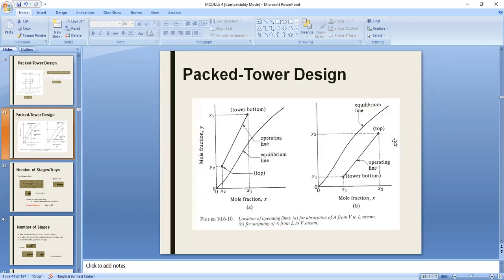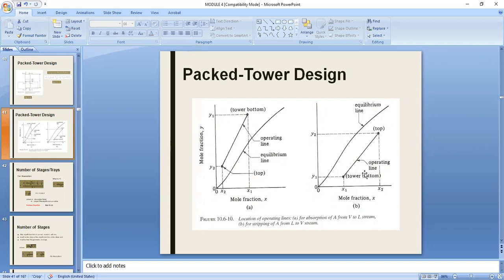Whenever you have plotted your operating line side by side with the equilibrium curve, if it's a gas absorption process, it should be located below the equilibrium curve. So this is for gas absorption, and this is for stripping. The one on top is for gas absorption; on top is gas absorption and below is stripping.